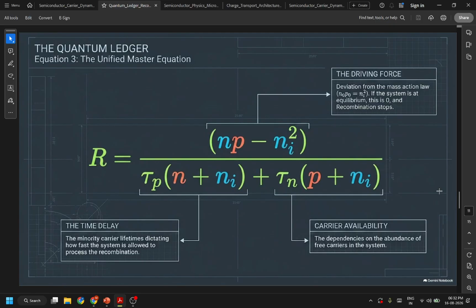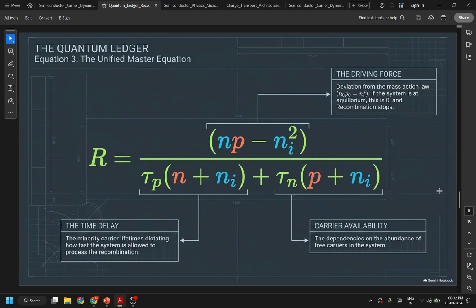So this makes our recombination rate very simple to calculate. The recombination rate becomes (np minus ni squared) divided by [tau p (n plus ni) plus tau n (p plus ni)], where np minus ni squared is derived from the mass action law.